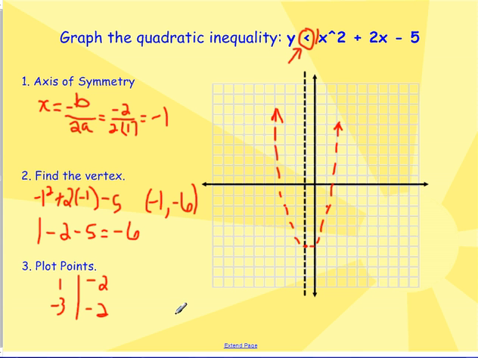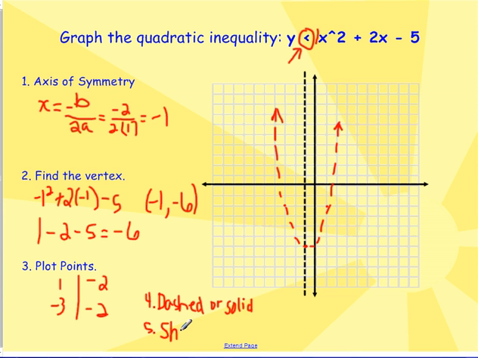Alright, now, the last step of what we need to do, so really step 4 is we want to figure out if it's dashed or solid. And then last but not least, the fifth step in graphing quadratic inequalities is figuring out where to shade.